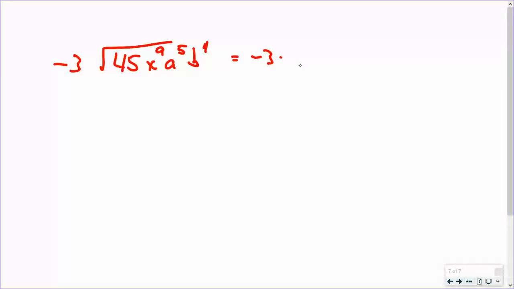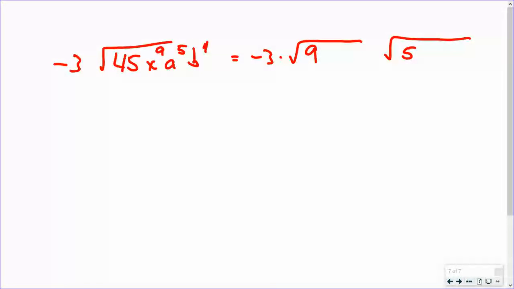Let's try -3 times 45x to the ninth, a to the fifth, b to the fourth. Okay, the -3 out in front, -3 times this, and I'm going to break my square roots up. 45 is 9 times 5.